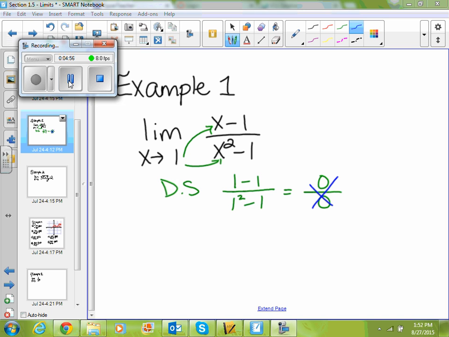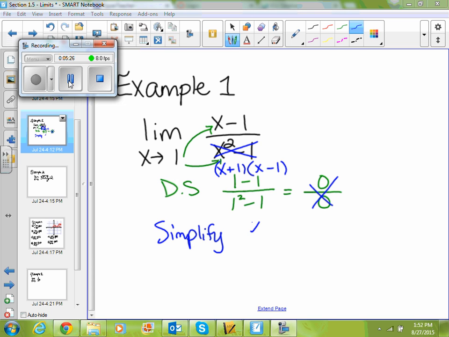Alright, so if direct substitution doesn't work, then we're going to try to simplify. And so if I look at x minus 1 divided by x squared minus 1, the easiest way for us to try to simplify something with a squared is to see if it's factorable. And so I'm going to see if I can factor the bottom. And I know that x squared minus 1 factors to x plus 1, x minus 1.